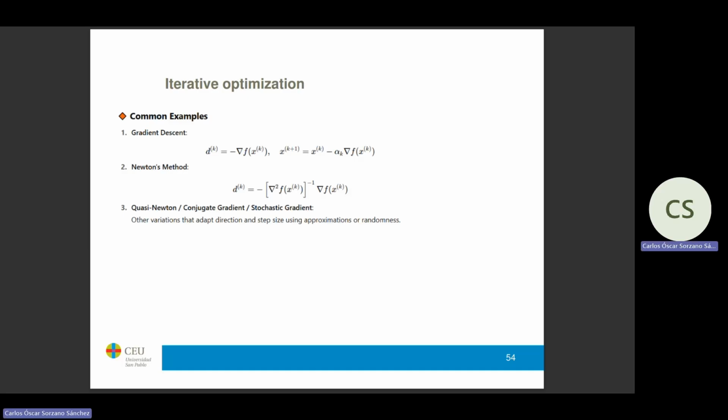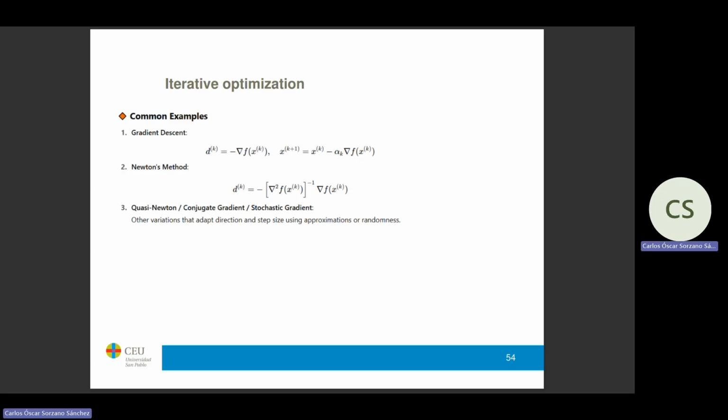So it's gradient descent. The other option is almost the same, but now we have introduced a new matrix. This matrix is the inverse of the Hessian.